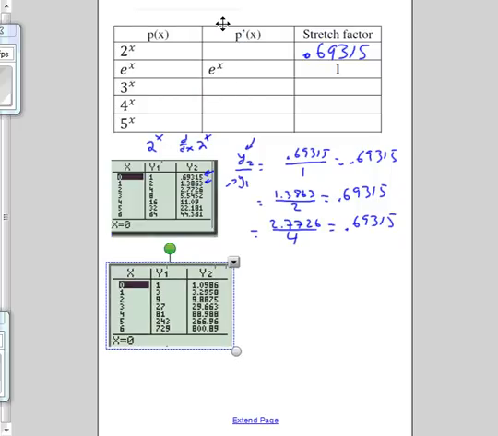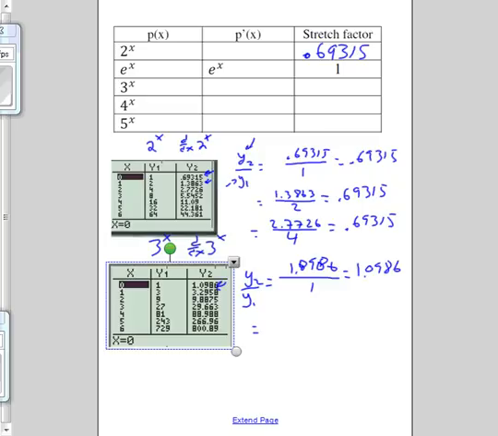So now we're looking at 3 to the x and the derivative of 3 to the x. And once again, if we look at the ratio between the derivative and its function, in the first case we have 1.0986 divided by 1. Well, that's 1.0986.